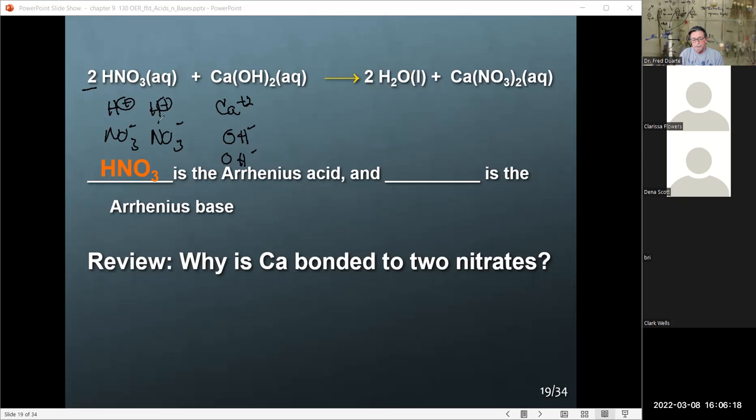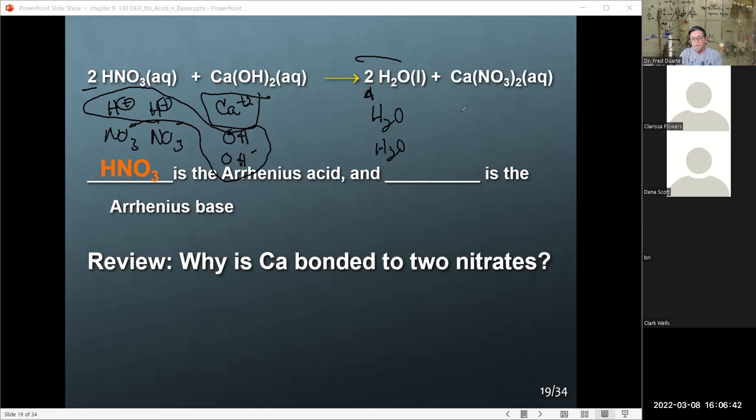And so these protons and these 2 hydroxides combine to form 2 waters. Right there, that's why we got a 2 there. And then what's left over is the calcium ion and the 2 nitrates, and we need parentheses here.